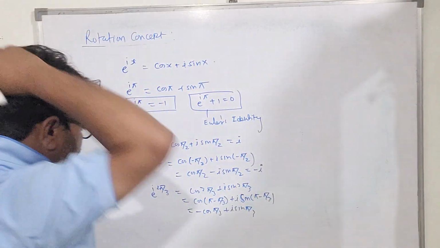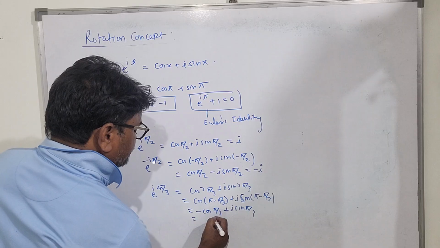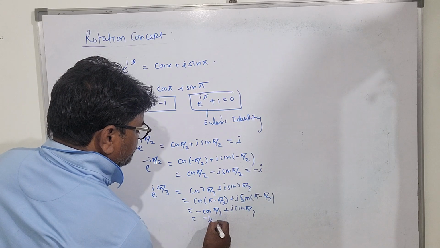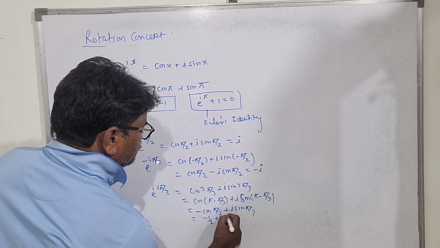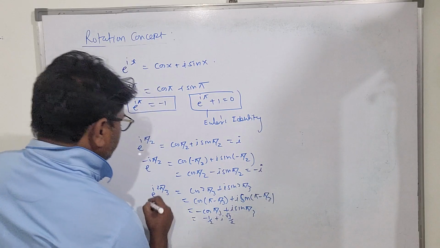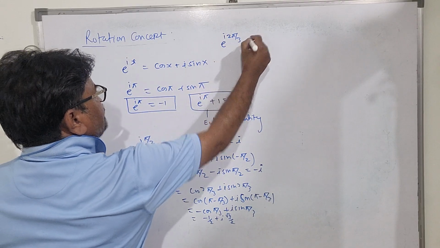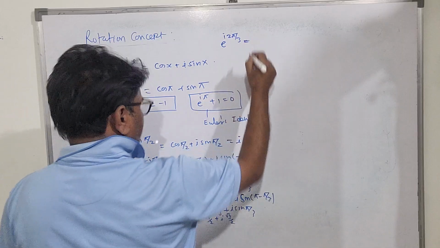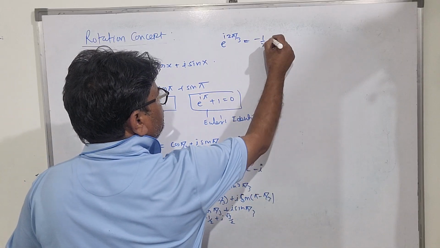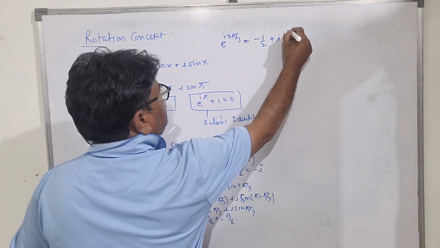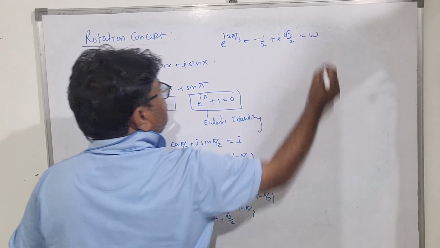So this is minus 1 by 2 plus iota root 3 by 2. So e to the power iota 2 pi by 3 is minus 1 by 2 plus iota root 3 by 2, and that is actually the omega.